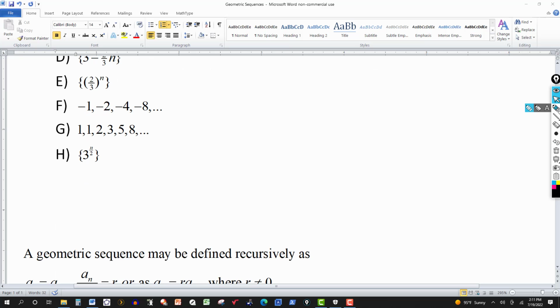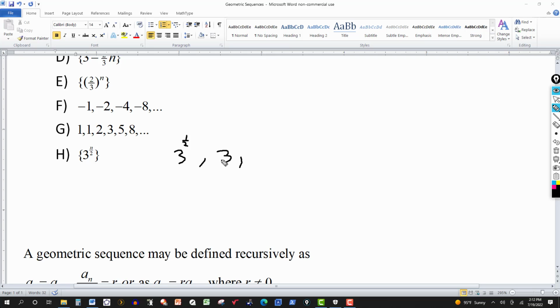Okay, then in the next one, we give it the sequence there. So when the formula is 3 to the n over 2, this will give you the list of the terms. So put a 1 where the n is, and this will be 3 to the 1/2. Put a 2 where the n is. 2's cancel out, I get 3.